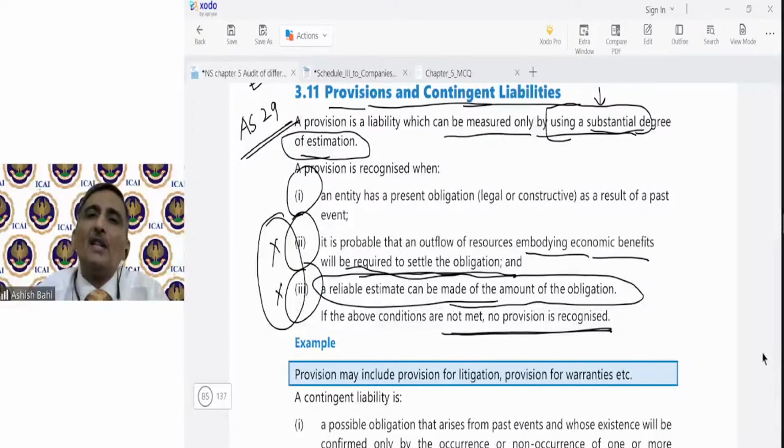There is no obligation going to accrue as a result of these court cases, and the company would disclose such facts, that the court case against the company is going on at this court, and the nature of litigation which is going on. It would disclose such things under the head contingent liabilities.